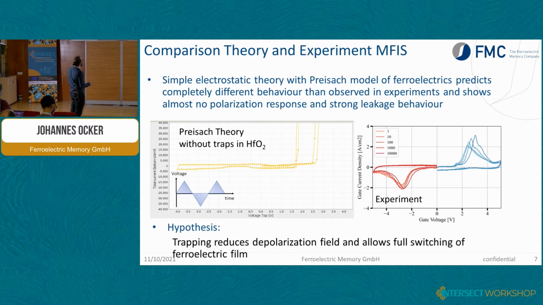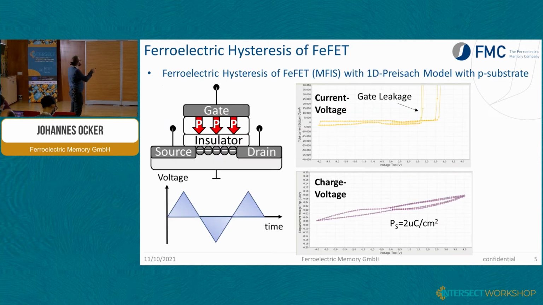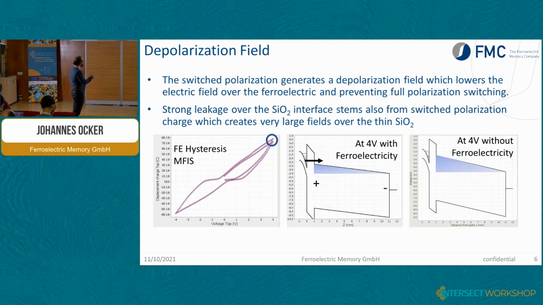Okay. So there's also one thing which we actually didn't discuss, is that here in the current voltage characteristic of this transistor, and this is all assuming no traps, you can see that there's a huge amount of leakage current. And this leakage current comes basically from the polarization.